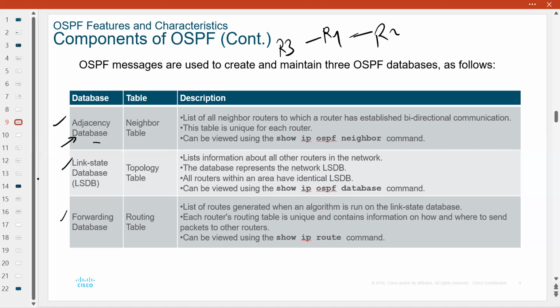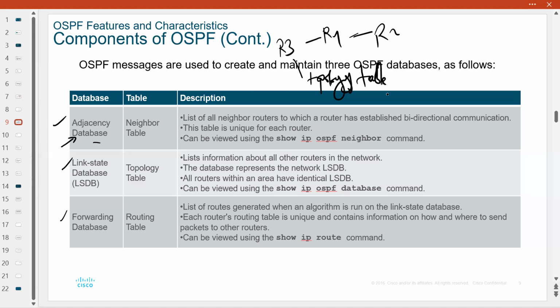The topology table basically describes the network. So R3, let's look at this network, a small network. R3, that is a topology table. After my DBDs are exchanged, all information is exchanged, and the LSAs are broadcast by everyone, we are close to convergence, right?